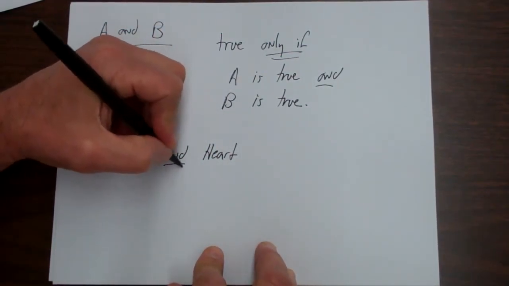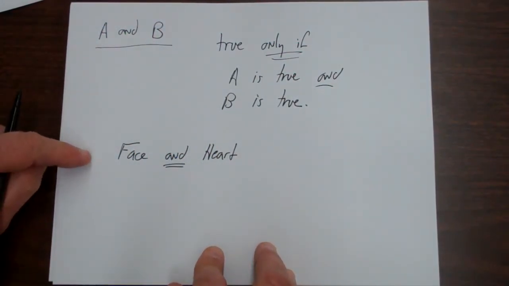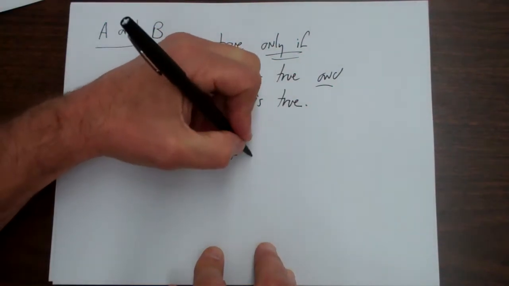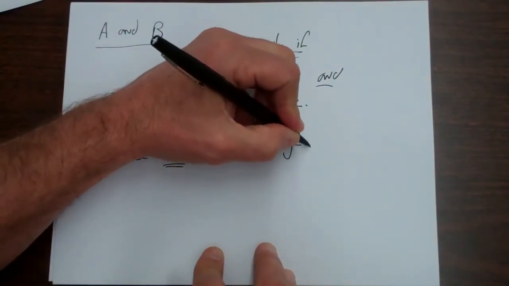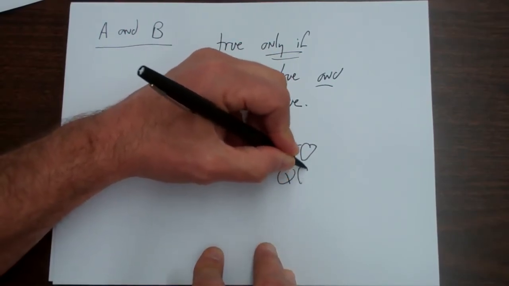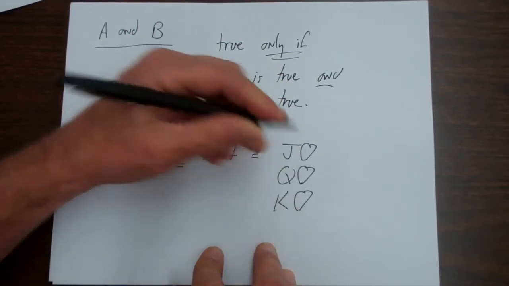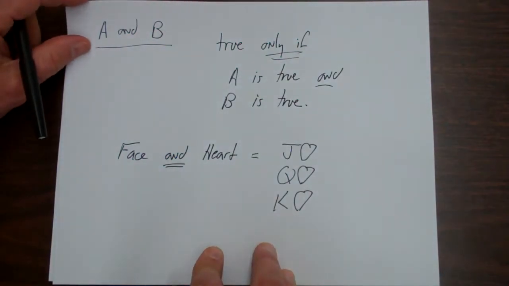A face card and a heart would be only those cards which are both face cards and hearts. So that would be the jack of hearts, the queen of hearts, and the king of hearts, because those are the only 3 cards that are both face cards and hearts.